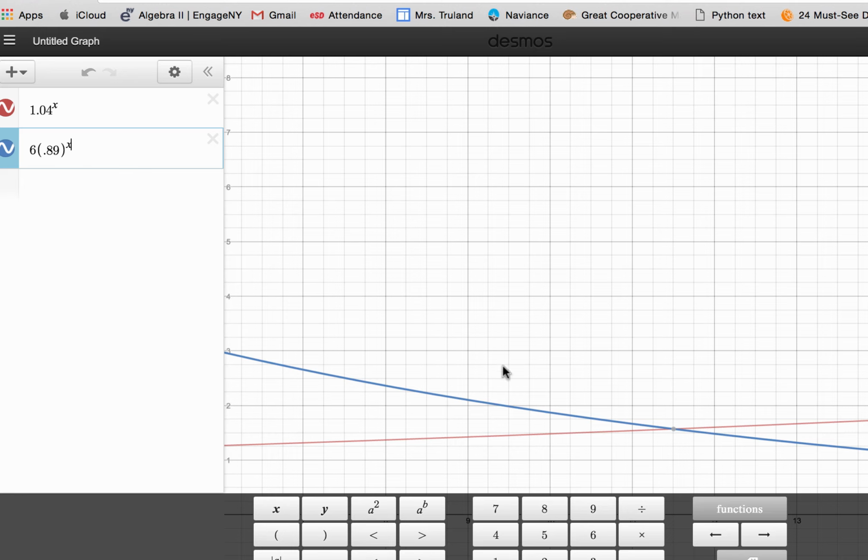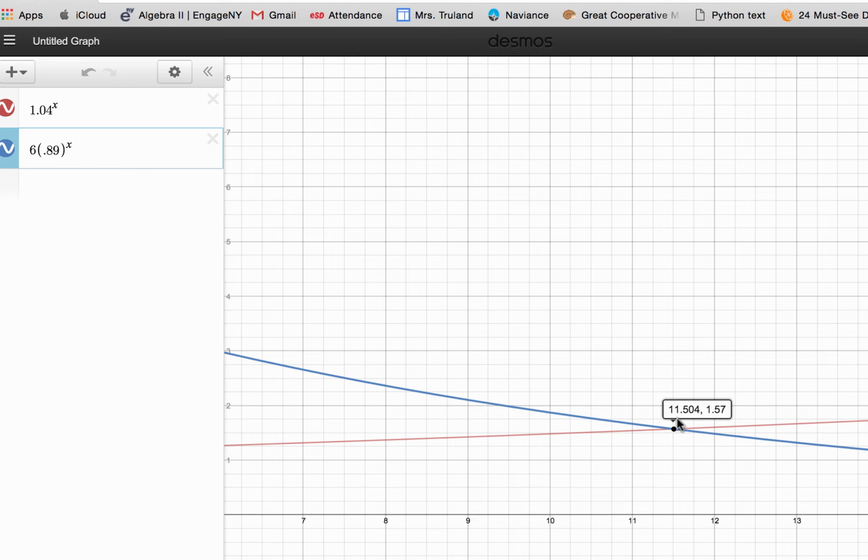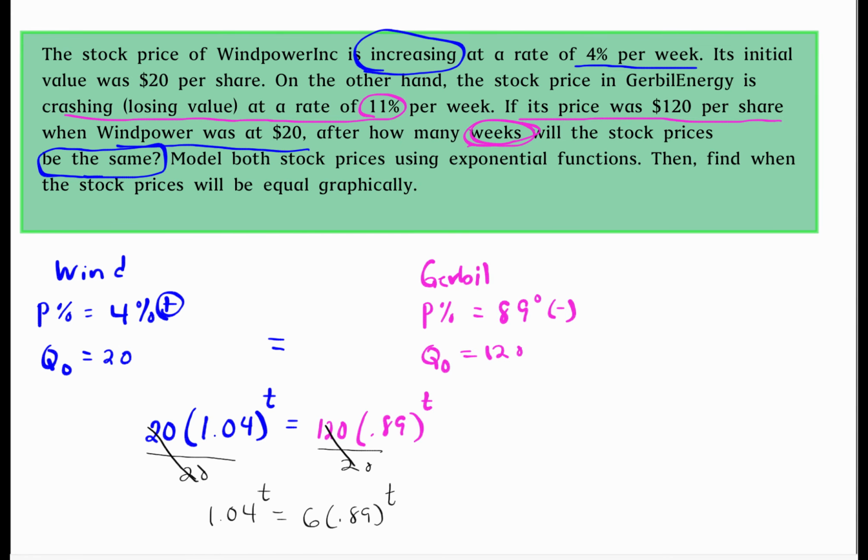Oh, they cross in a nice spot right there. 11.504. Well, actually, 11.5 would round up to about 12 weeks. So again, it's an approximation, but I wouldn't even wait after 2 weeks. Once I saw that stock dropping, boom, sell it, baby.